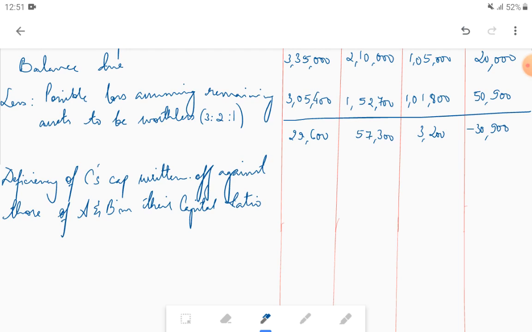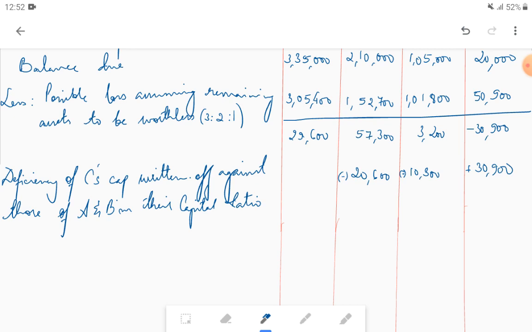So 30,900 should be distributed amongst partners A and B in the ratio 2:1. So it is to be brought in by partner A, which amounts to rupees 20,600, and B has to bring in an amount of rupees 10,300. Since they're bringing in, it's negative for them. And since they're paying to make good the loss of C, therefore it is positive for partner C.